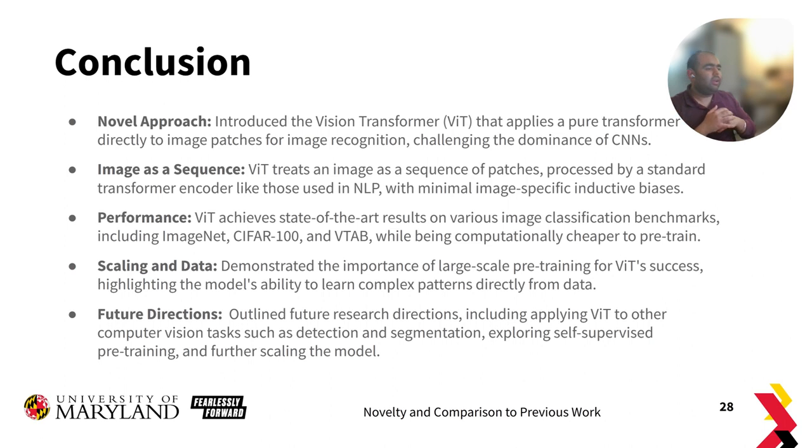Otherwise, it fails. And scaling and data: as we know, convolutional neural networks can get very costly to train as the depth increases, but transformers are very scalable. Hence, they can be very successful in this vision field. For future work, the authors have proposed using such transformer based models for detection and segmentation problems.